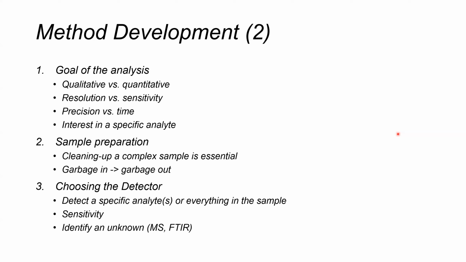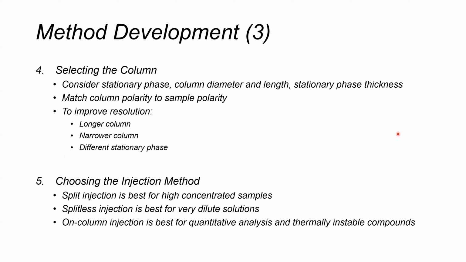Do we have a very low concentration of analyte, or is the concentration quite high? And then, do we want to identify an unknown? Do we not know what's in our sample? Do we not know what our analyte is? In which case, we would need a detector which can give us additional information to actually understand our sample. This would be mass spec or IR.